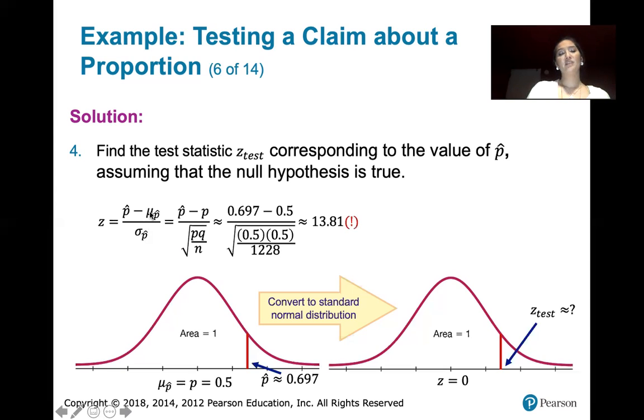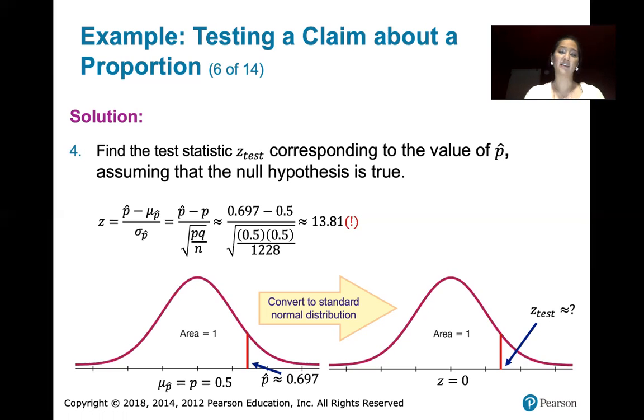Our assumption is that the mean of the p hats is equal to the value of the population proportion in the null hypothesis, so we're assuming the null is true. So we're subtracting p, that assumed p from the null hypothesis. And the standard deviation of the p hats is equal to the square root of p times q over n, where p is the population proportion assumed in the null hypothesis.